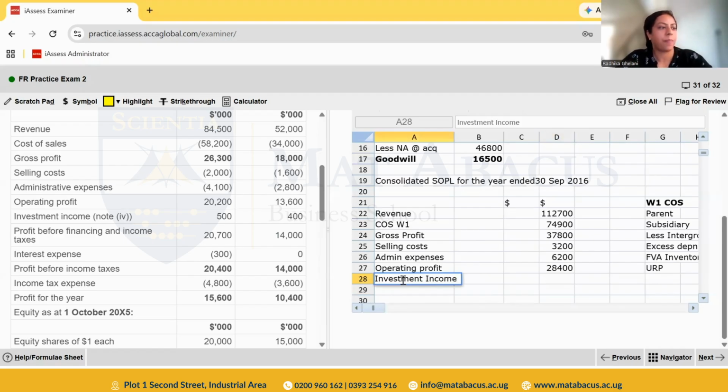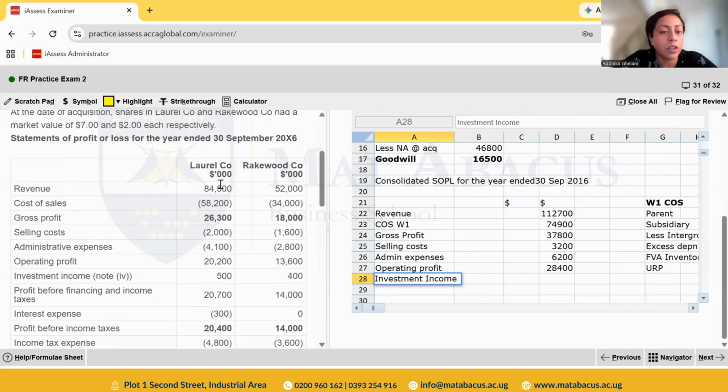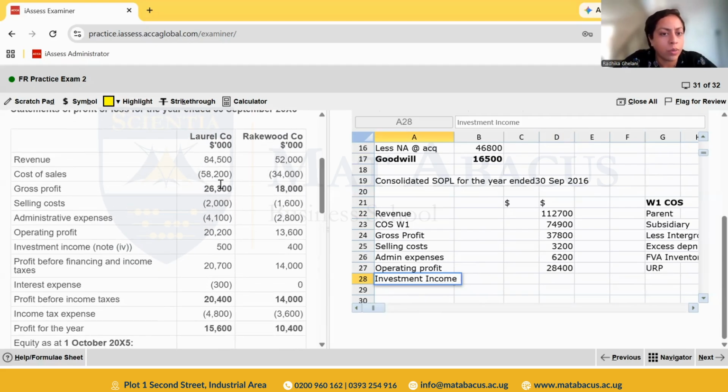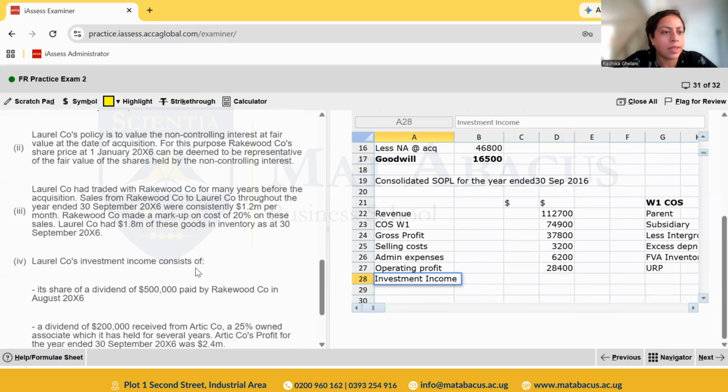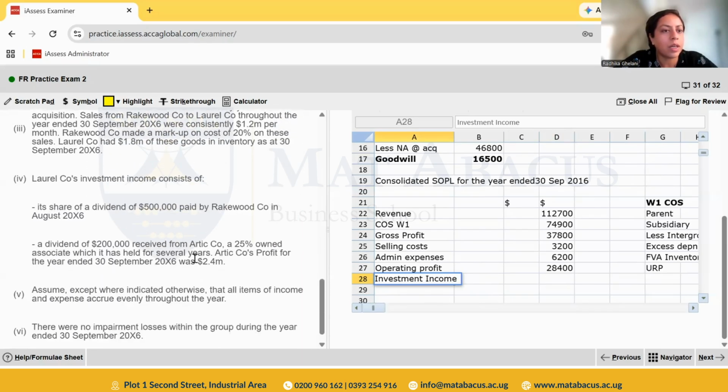Then investment income. Now they told you that the investment income is 500 for Laurel and 400 for Rakewood. But then remember note number 4. Note number 4 said that Laurel's investment income consists of a share of dividend of 500,000 paid by Rakewood.